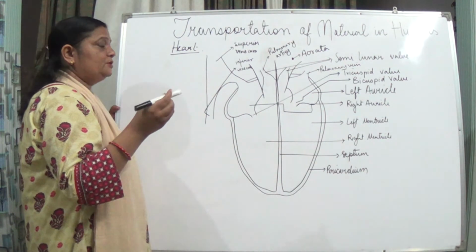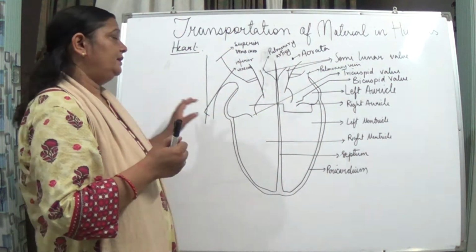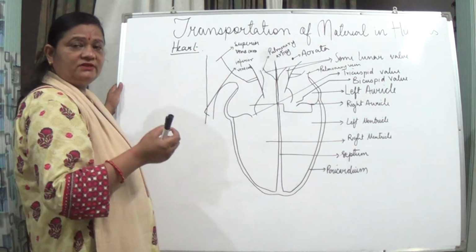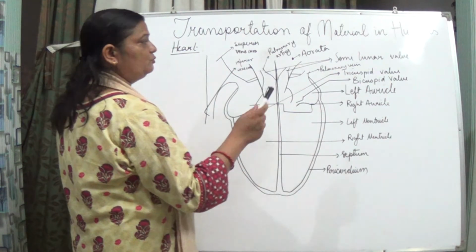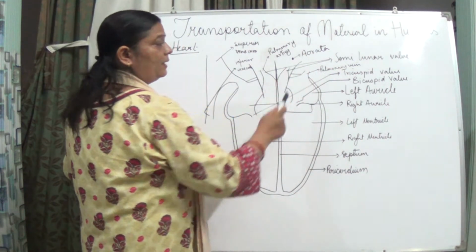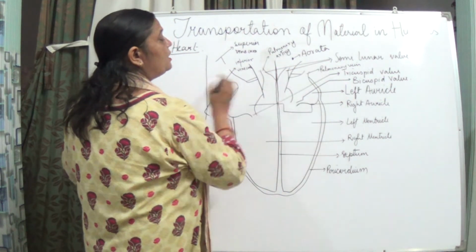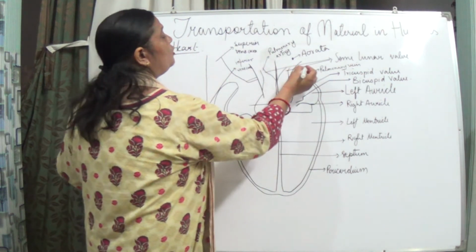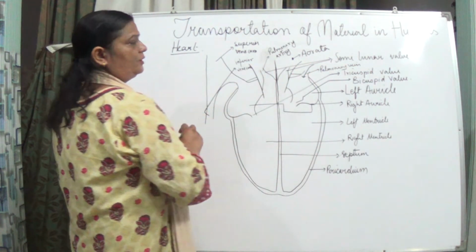So in respiration we have studied that the blood carrying oxygen moves towards the heart. By what does it move? It moves through the pulmonary vein. So this pulmonary vein brings the oxygenated blood from the lungs to the left auricle.